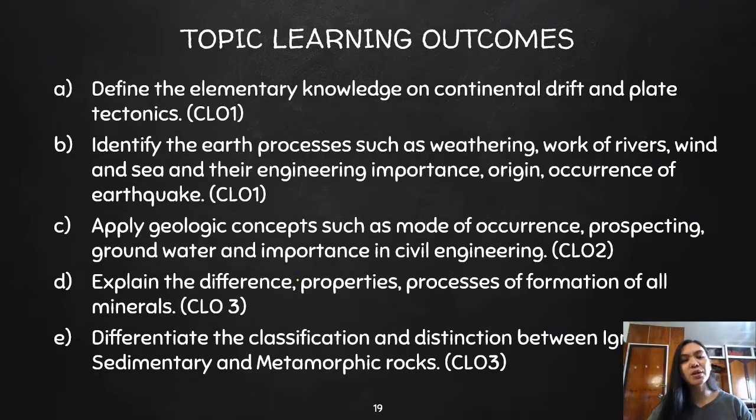Letter C is apply geologic concepts such as mode of occurrence, prospecting, groundwater, and importance in civil engineering, achieving your CLO number 2. And letter D, explain the difference, properties, processes of formation of all minerals, achieving your CLO number 3. And lastly, for midterms, differentiate the classification and distinction between igneous, sedimentary, and metamorphic rocks, achieving your CLO number 3.